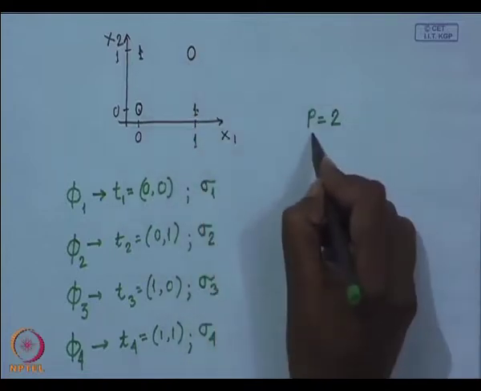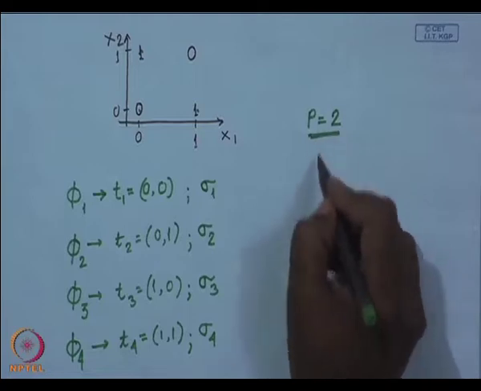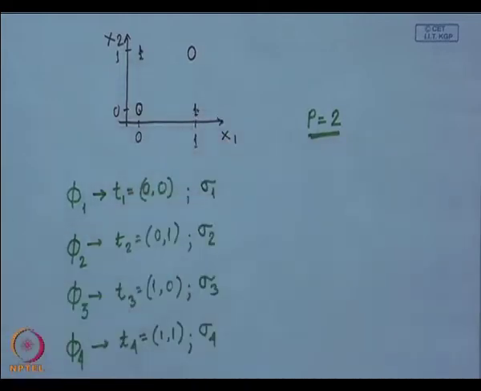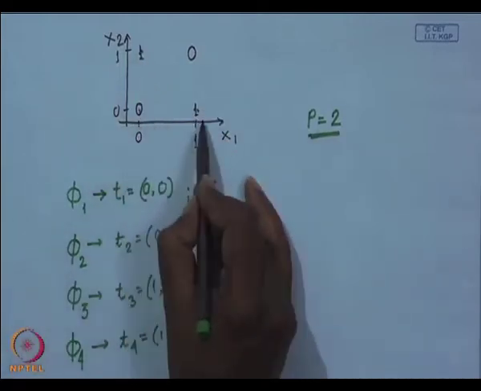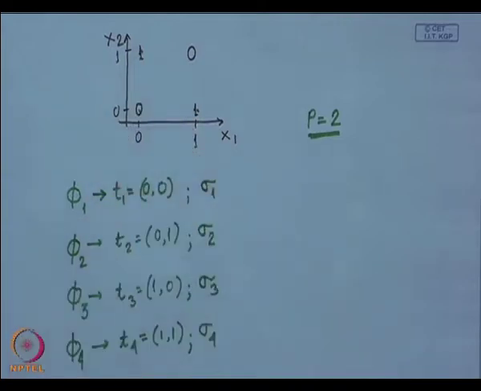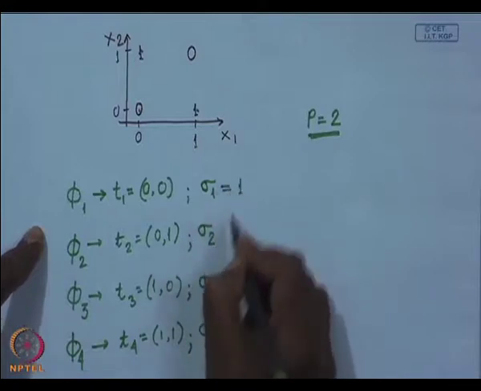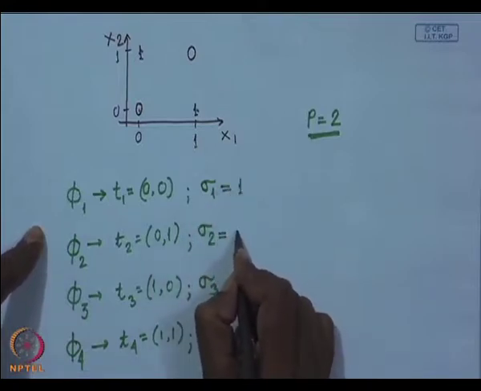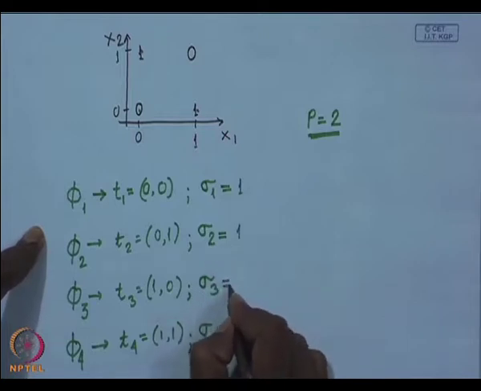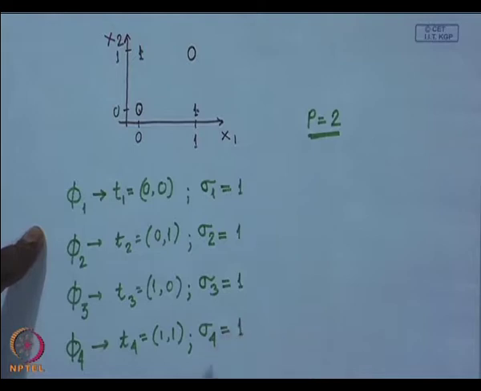So, when I take p equal to 2, I take the two nearest neighbors, both at distance 1, and the root mean square of these two distances will also be equal to 1. So, I have spread sigma 1 equal to 1, sigma 2 equal to 1, sigma 3 equal to 1 and sigma 4 also equal to 1.